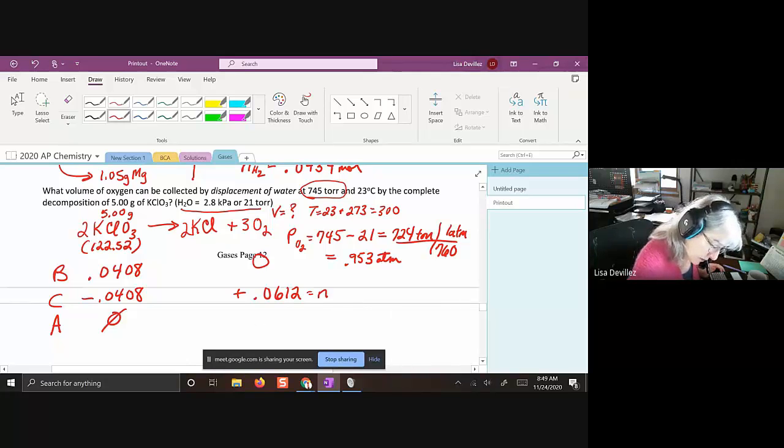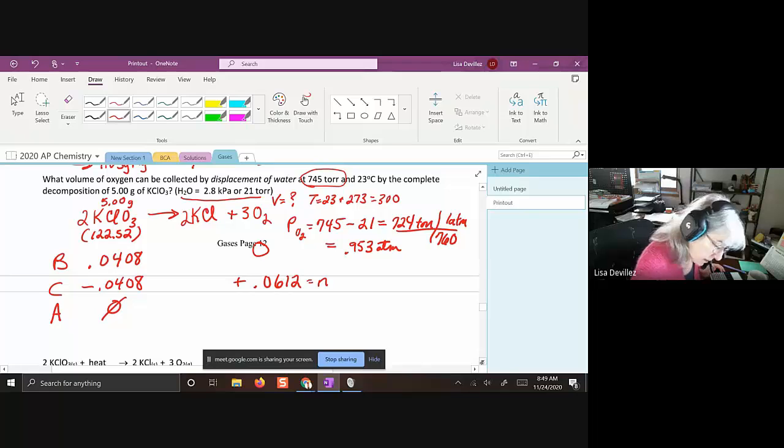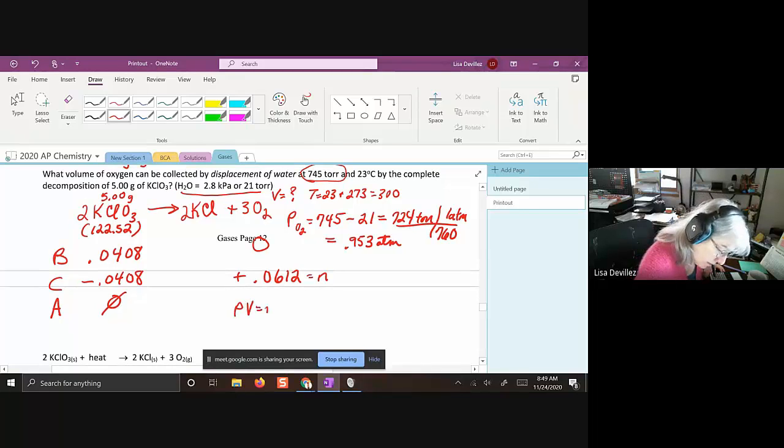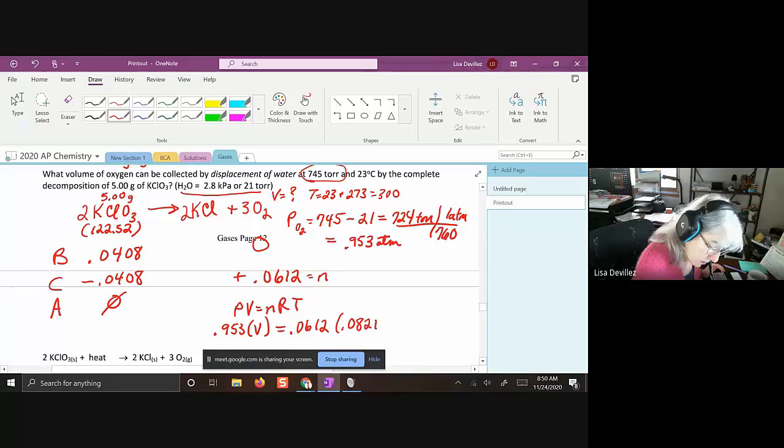Okay, so my PV = nRT then, go down a little. So pressure 3, I'm solving for volume, 0.0612 moles. And my temperature was 300.